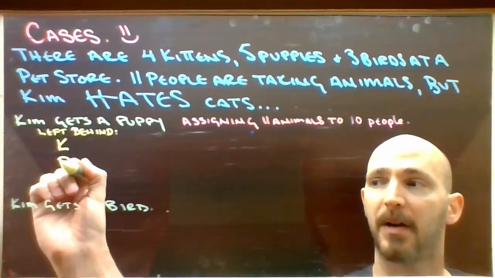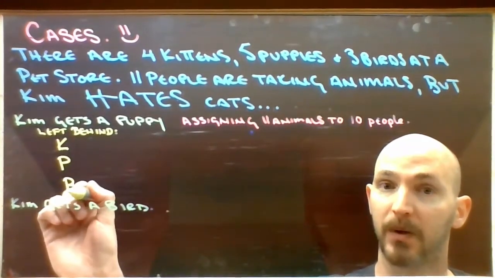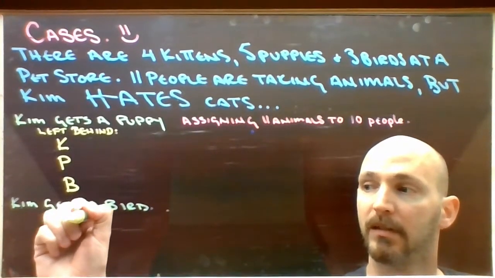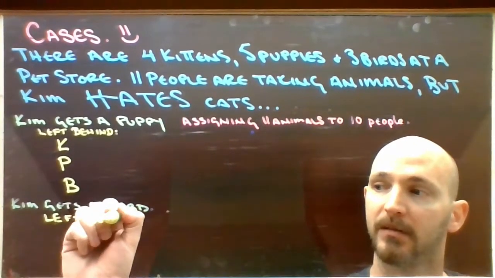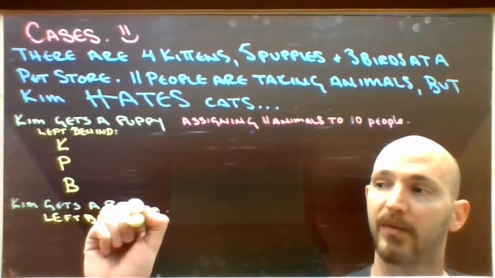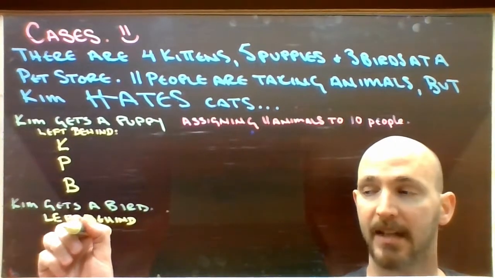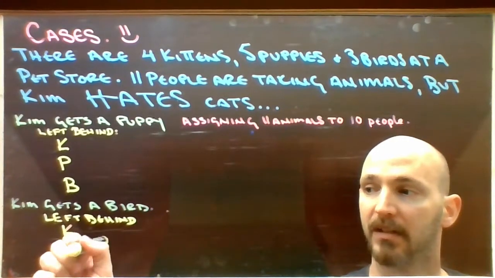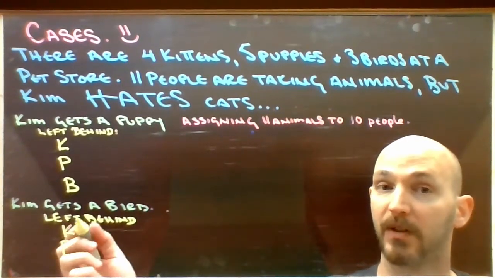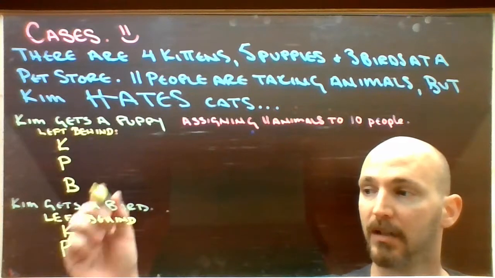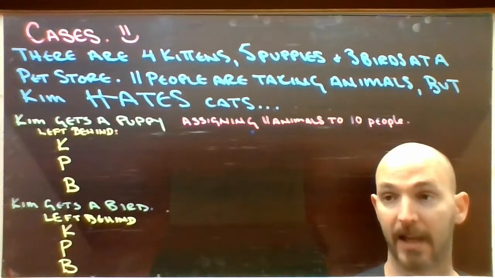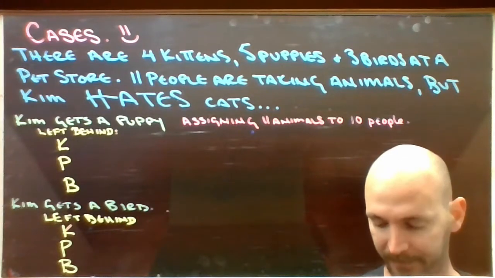Or there might be a puppy left behind, or there might be a bird left behind. The same thing can happen if Kim takes a bird. The last animal left, all on its own at the pet store with no one to love it. See above regarding Sarah McLachlan songs. A kitten could be left behind, or that animal could be a puppy, or it could be a bird.